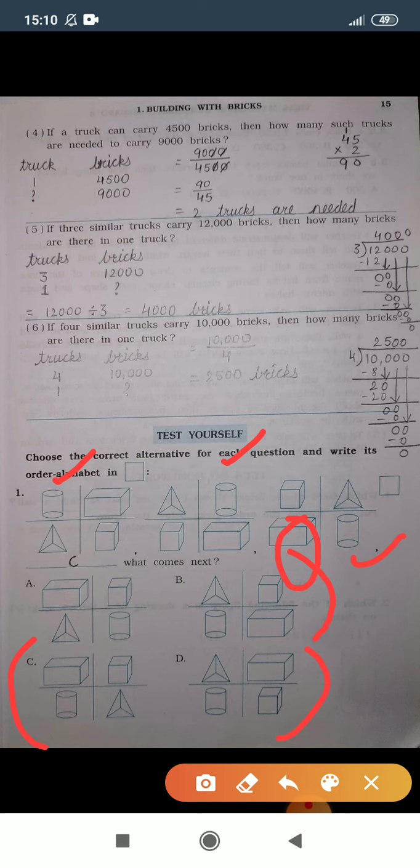Let's see the next positions. This rectangular box is here. In the second it will go down, and in the third it will come here. Then in the next it will come on the first position. So your answer ultimately is option C.